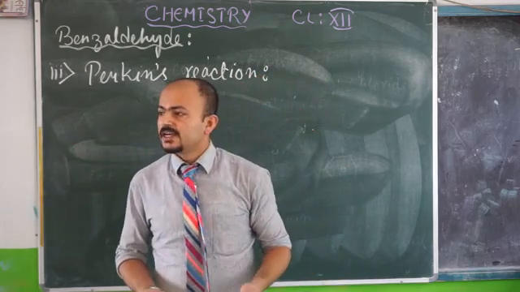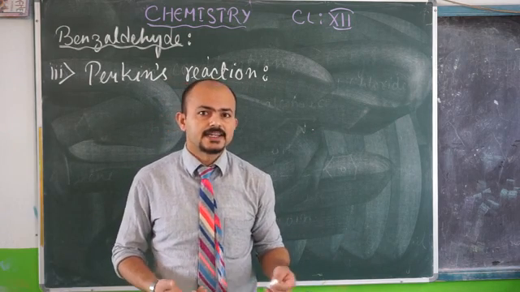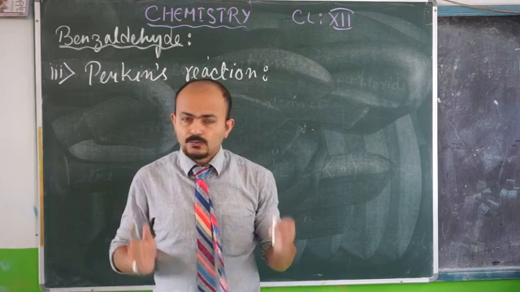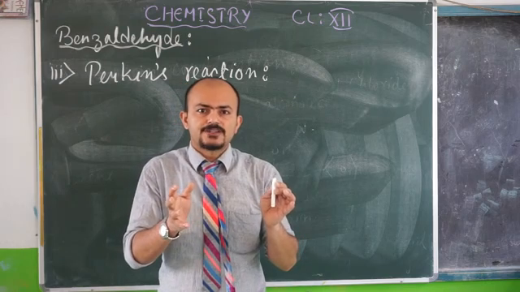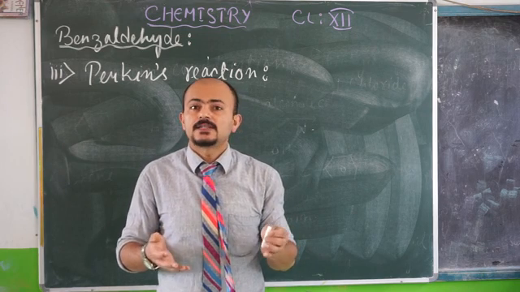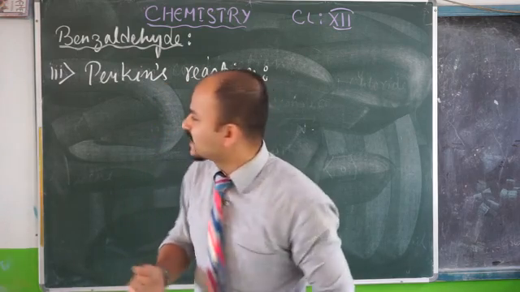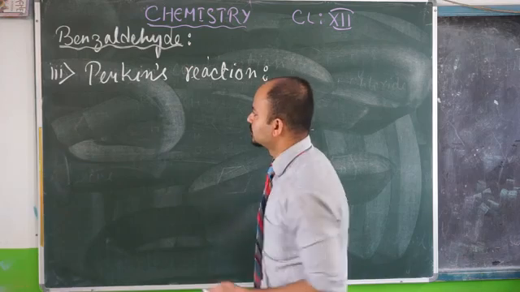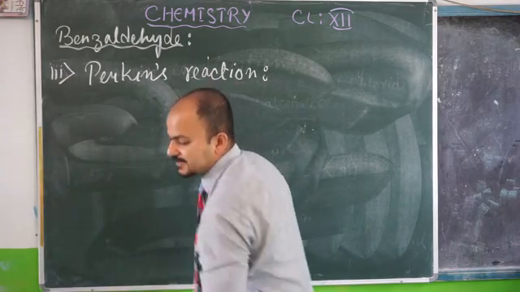Whenever benzaldehyde is treated with acetic anhydride in the presence of sodium acetate, condensation between the benzaldehyde and acetic anhydride takes place to form one main compound, that is an alpha beta unsaturated acid. Once I write the reaction here, it becomes more clear. Please look at it very carefully.